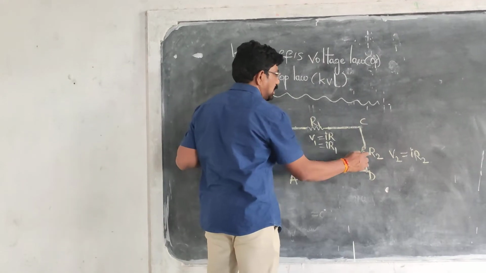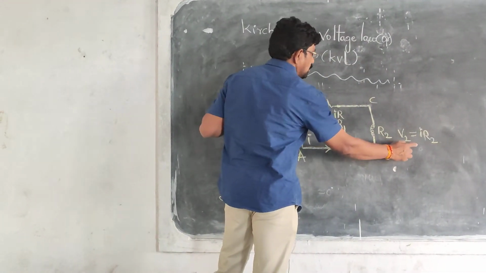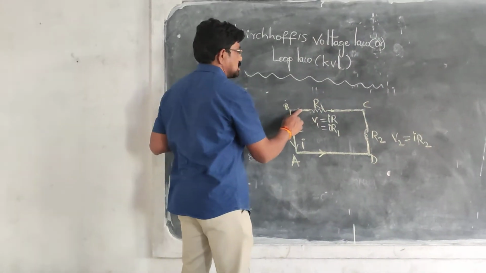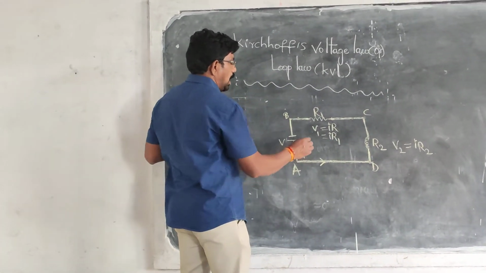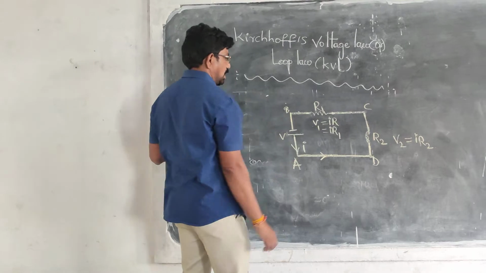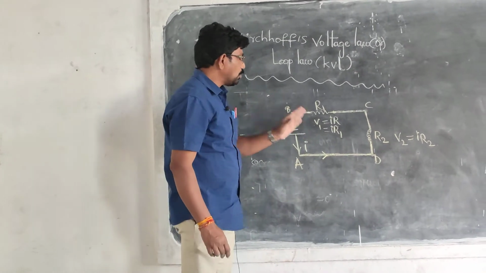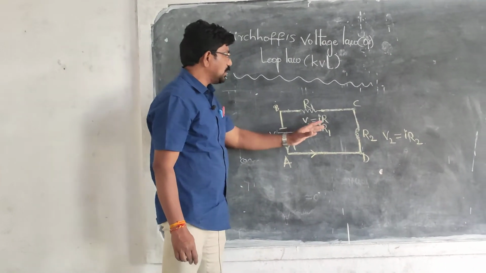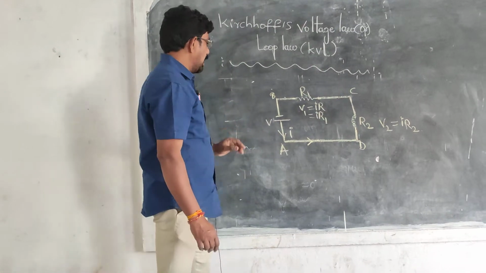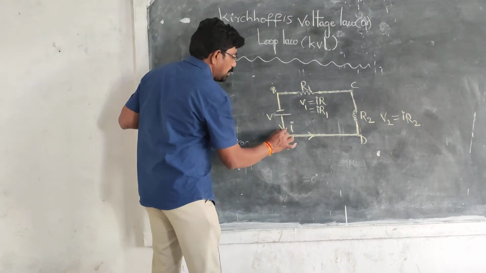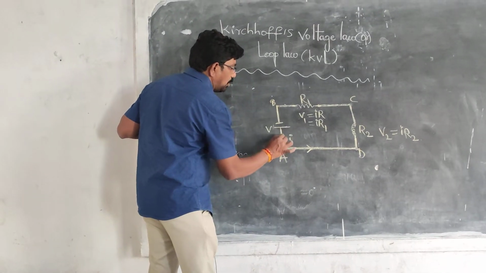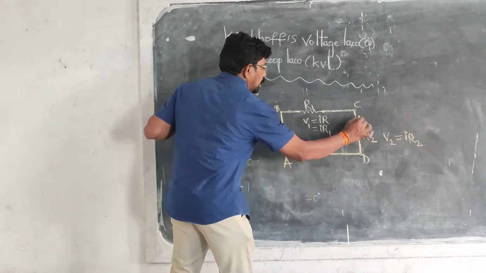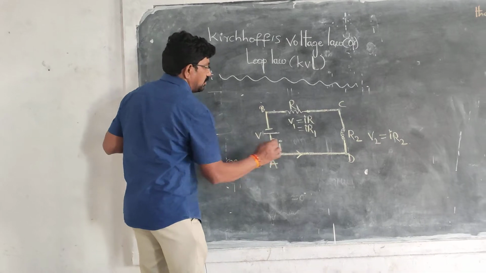Across the resistor R2, the potential difference is V2. Across the resistance R1, the potential difference is IR1. How did I get it? From Ohm's law. Now, which one do we take as positive and which one as negative? Always remember, in a battery the current always flows from the positive terminal to the negative terminal. This is the direction of the current.